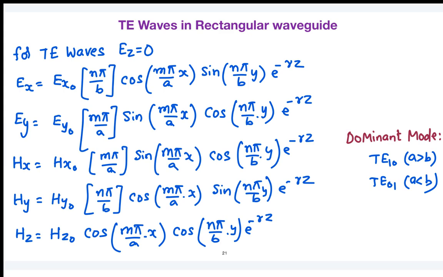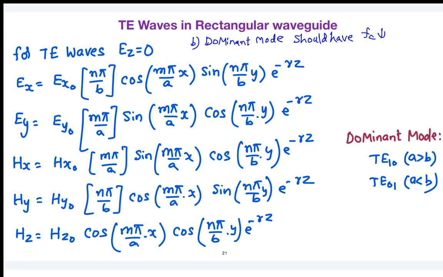Because when the first condition is not giving you the correct picture, you have to see the second condition. The dominant mode should have the least cutoff frequency. If you remember, I have given the second condition that whenever you say something is a dominant mode, the cutoff frequency should be minimum.